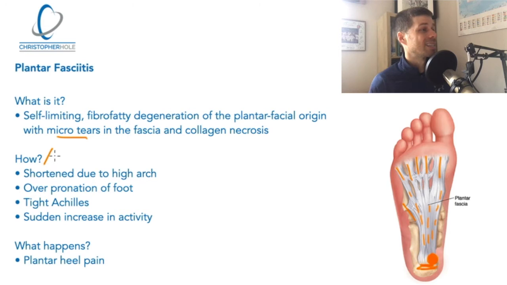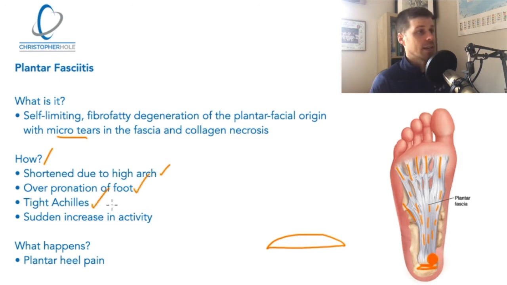How is this happening? It can be due to a plantar fascia shortened due to a high arch. So you've got the plantar fascia, which goes from the heel bone up to the knuckles. Obviously, that will become shortened, and that encourages the arch to become raised. You've then got overpronation of the foot, which is essentially where the arch can collapse. So at two ends of the spectrum, we can have problems here.